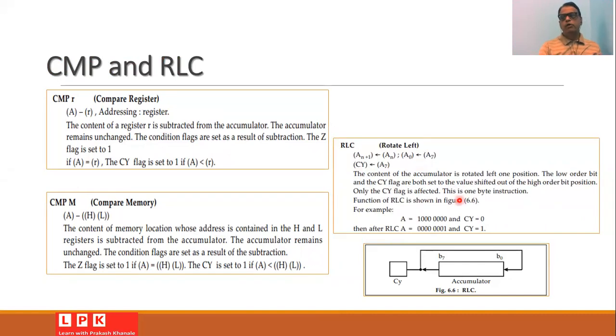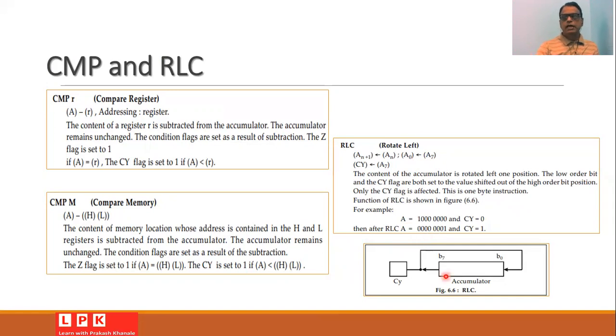So for example, if we have the content of the accumulator such as 10000000 and the carry flag is initially set to 0, then after the execution of this instruction RLC, one can easily find that this 1 will be shifted to the carry, therefore carry becomes 1, and the content of the accumulator will be 00000001.